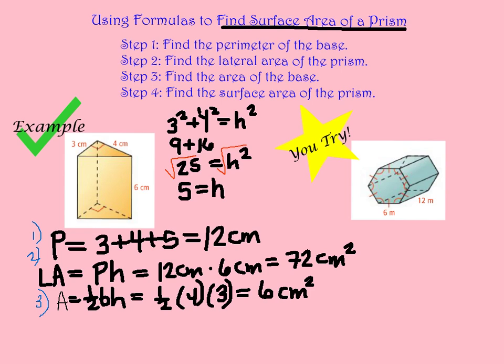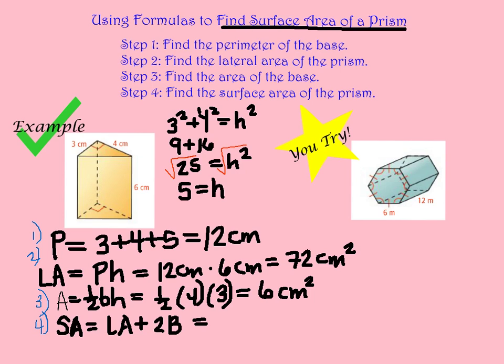Step 4 says to find the surface area of the prism. And we have a formula for that. In fact, we just found everything that we needed for that formula. Surface area is equal to the sum of the lateral area and twice the area of the bases. So now we can just plug everything in.